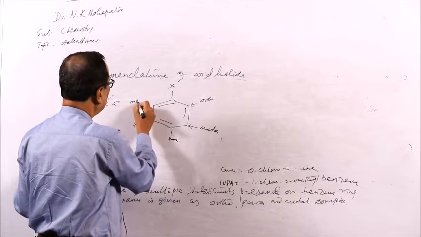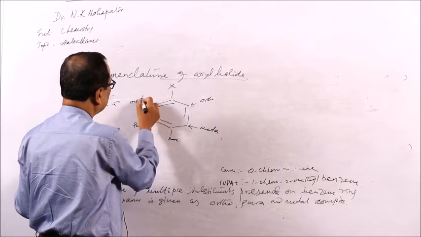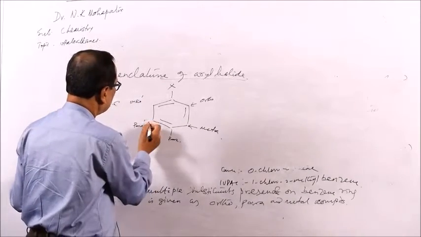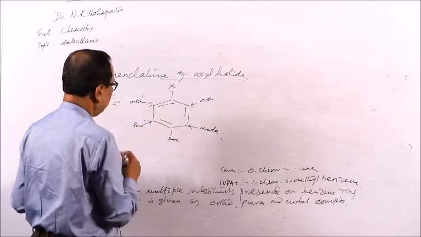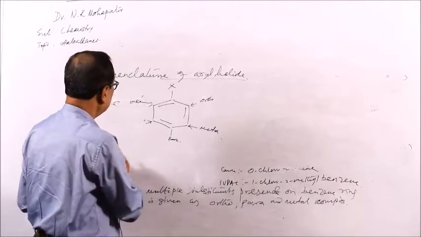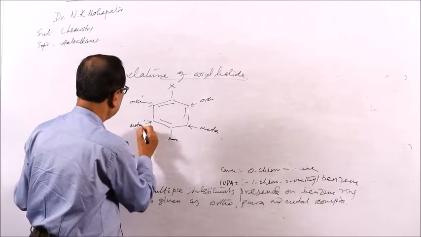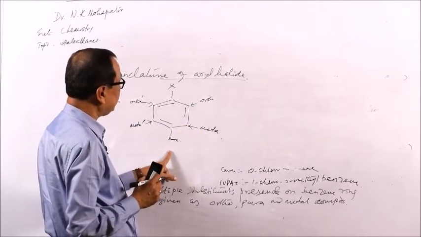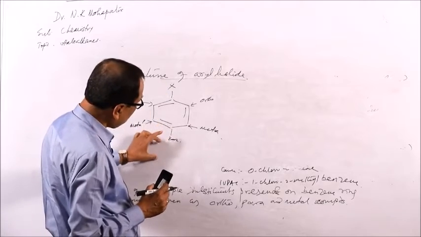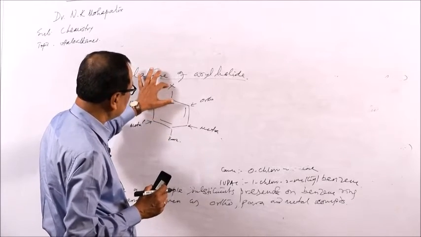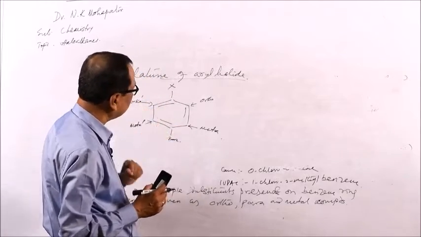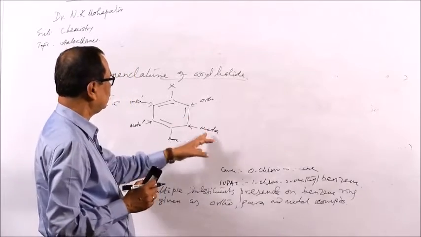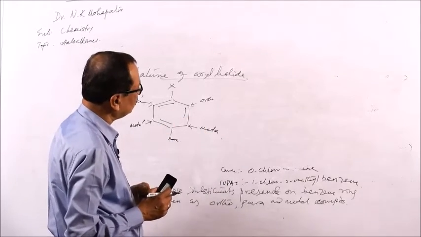There are two ortho positions, two meta positions, and one para position. So in the case of multiple substitution, once one substituent is present, the other carbon atoms become non-equivalent: ortho, meta, para.